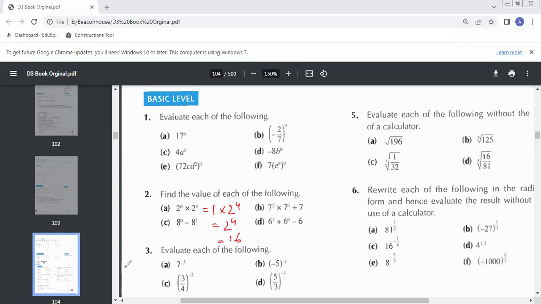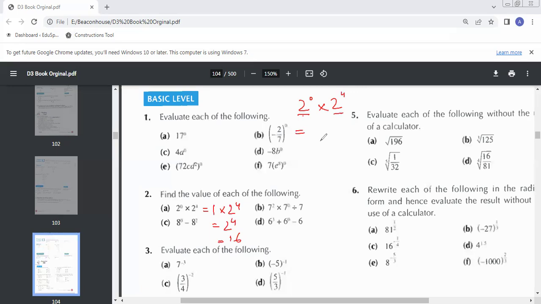Or if we go the other way around, if you recap the rules from the previous exercise, when there are 2 numbers with the same base, like this number and another number 2, and they are multiplied, the powers are added.